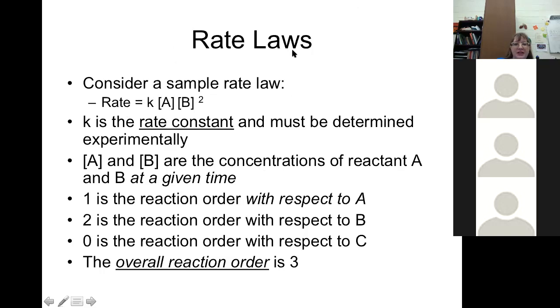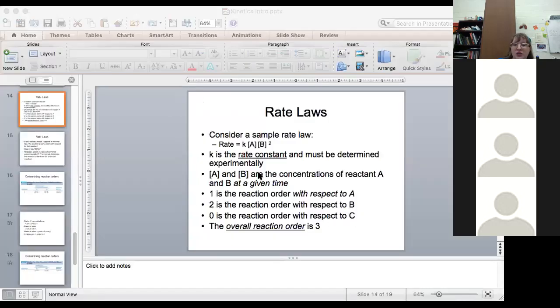It is determined experimentally. So I will show you how to calculate it from problems, but it's not something that I have to memorize, or figure out from what the chemical is. So for right now, just think of it as something that I'll give you, and then later on, I'll show you how we can calculate those things.